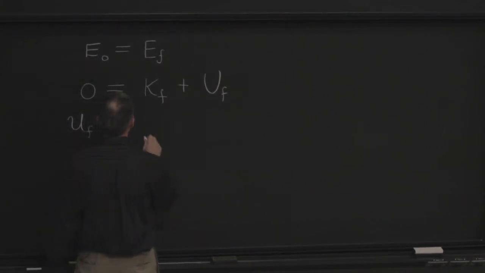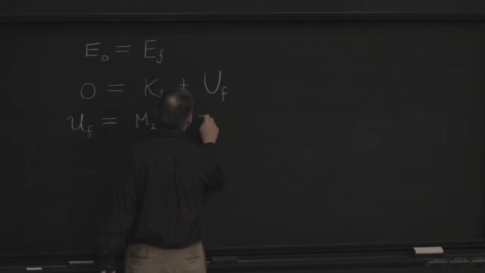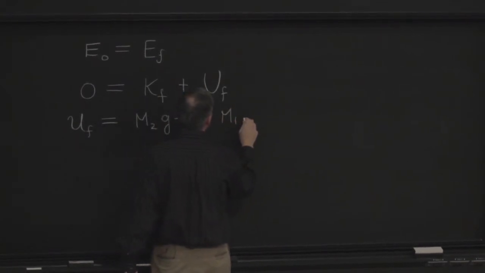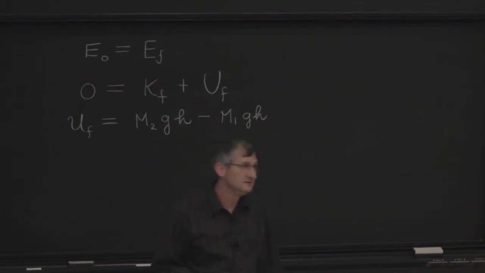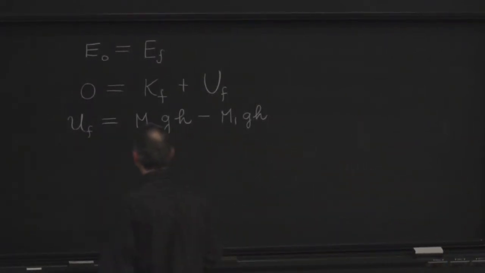M2 went up a distance h. M1 went down a distance h. And what about the pulley? No change. Okay, it just rotated around, but its center of mass didn't move. Okay, so that would be, I think, the final potential energy.